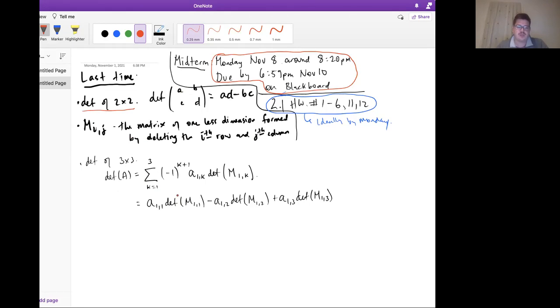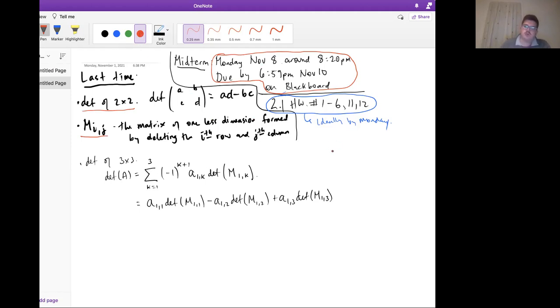So this encouraged us to think about a new notation to make things easier: M subscript ij, which we define as the matrix that's one less dimension, formed by deleting the ith row and the jth column.